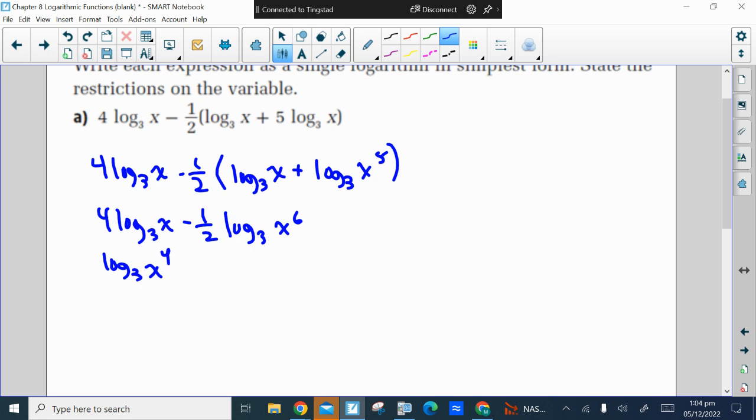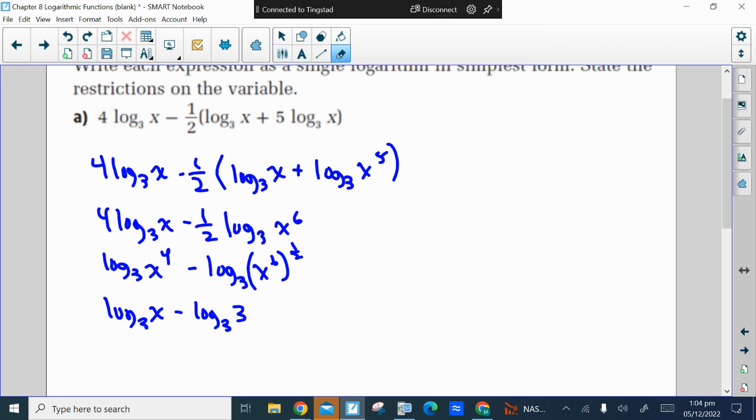So the 4 comes up as a power, as does the half. And 6 times a half will be 3. So x to the 3.